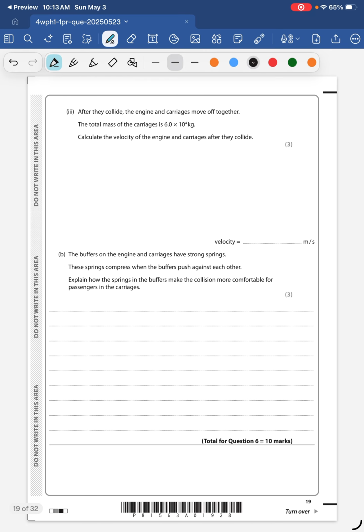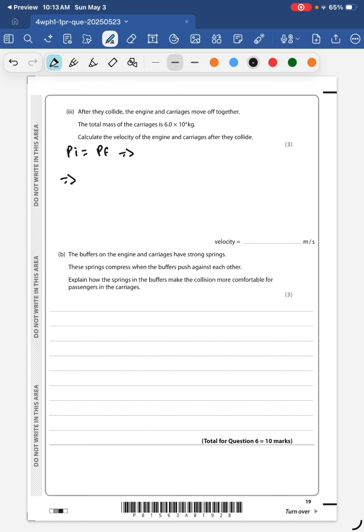So let's move on. After they collide, the engine and carriages move off together. The total mass of the carriages is 6 times 10 to the 4 kilograms. Calculate the velocity of the engine and carriages after they collide. So momentum is conserved, right? So the initial momentum is equal to the final momentum.